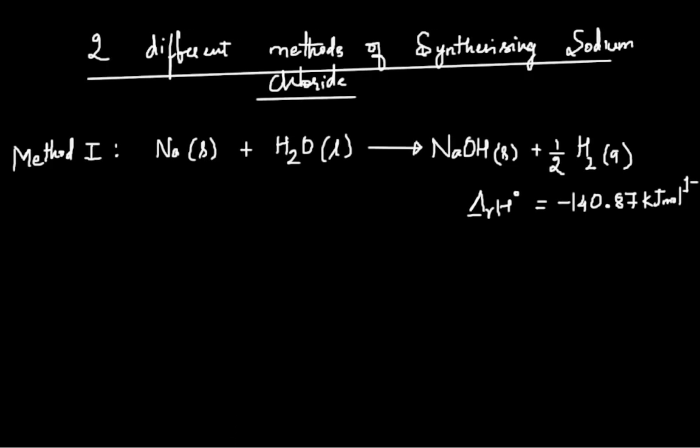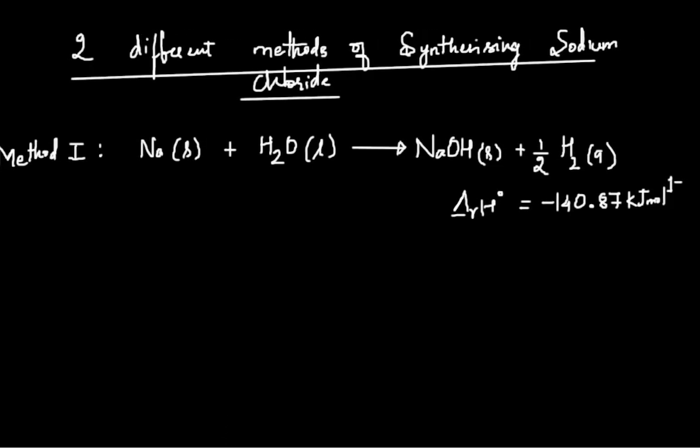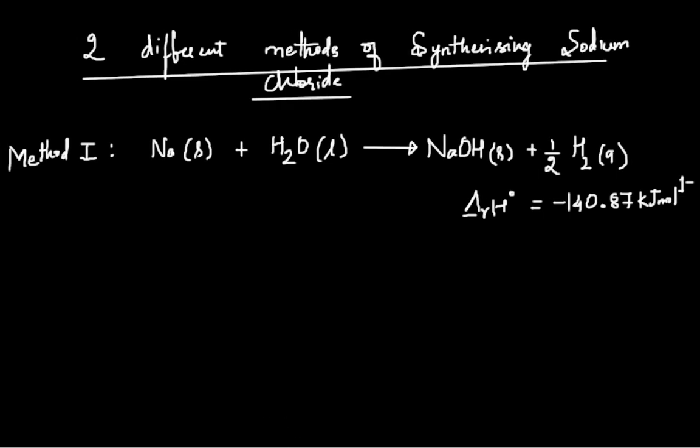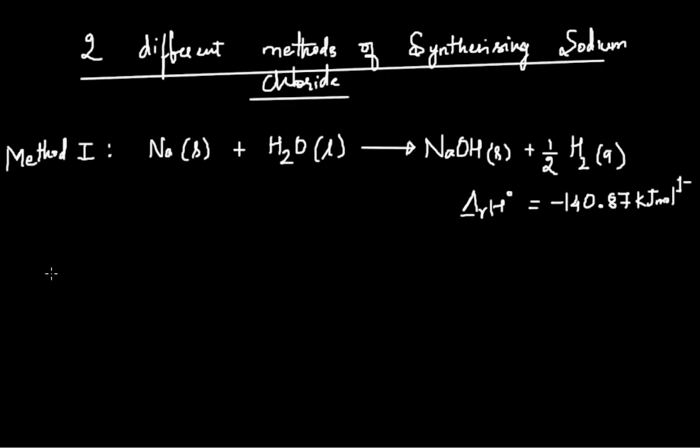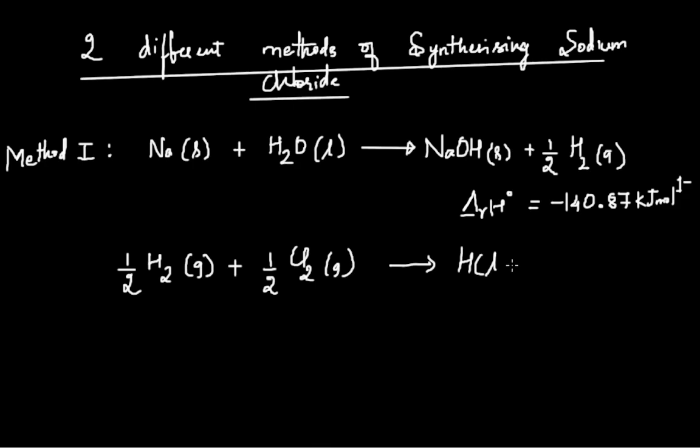Now let me see if it is visible. I need to shift a little bit here. Now half H2 hydrogen reacts with half Cl2 chlorine to give you HCl gas.